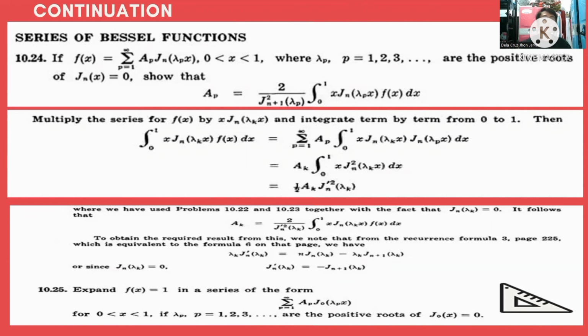To obtain the required result from this, we note that from the recurrence formula 3, page 225, which is equivalent to formula 6 on the page, lambda_k J_n'(lambda_k) equals n J_n(lambda_k) minus lambda_k J_{n+1}(lambda_k).